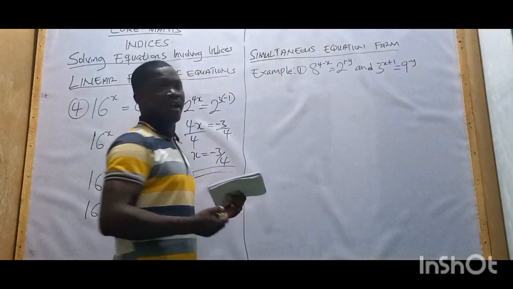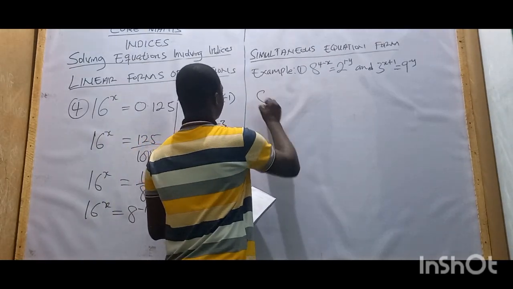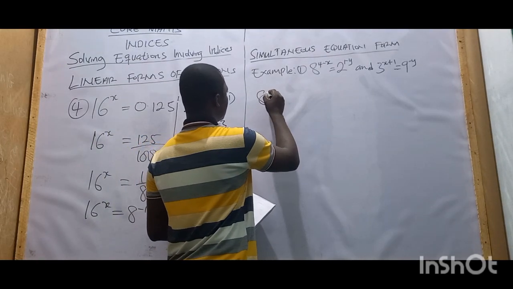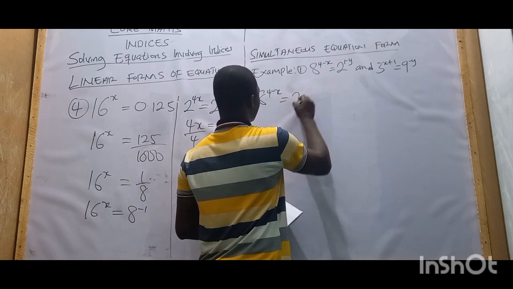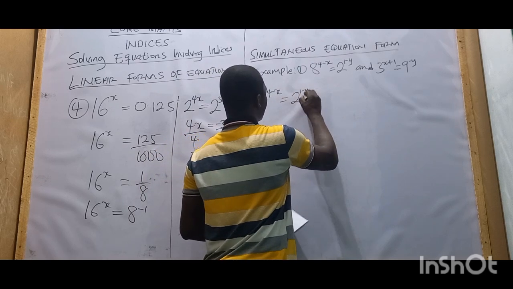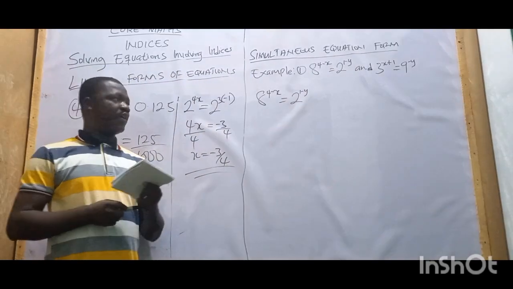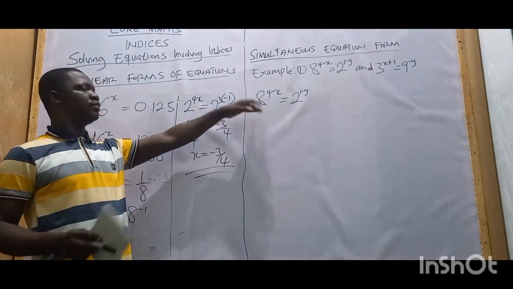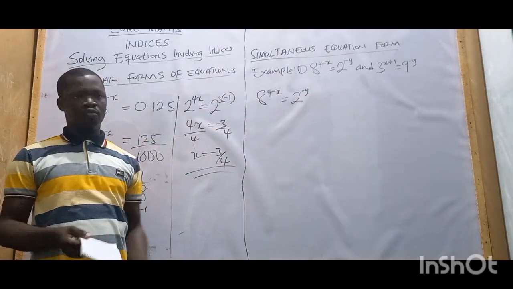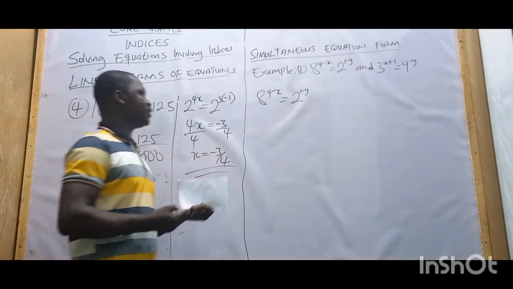So let's simplify the first one. Now I'll find a common base for them. So 8 is just 2 times 2 times 2. So 2 multiply itself 3 times, right?